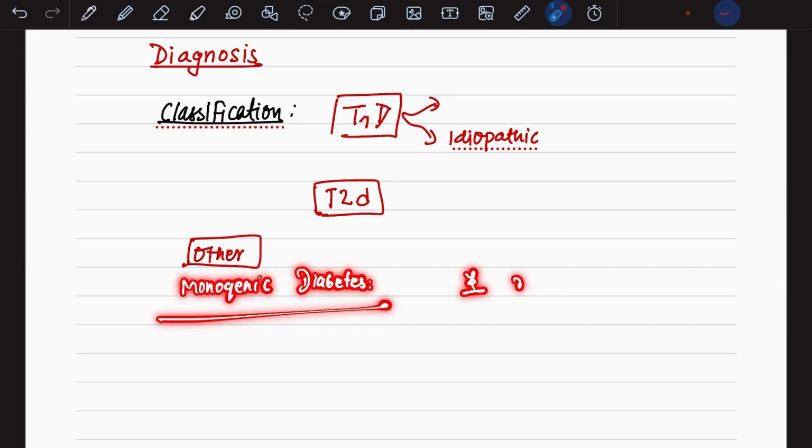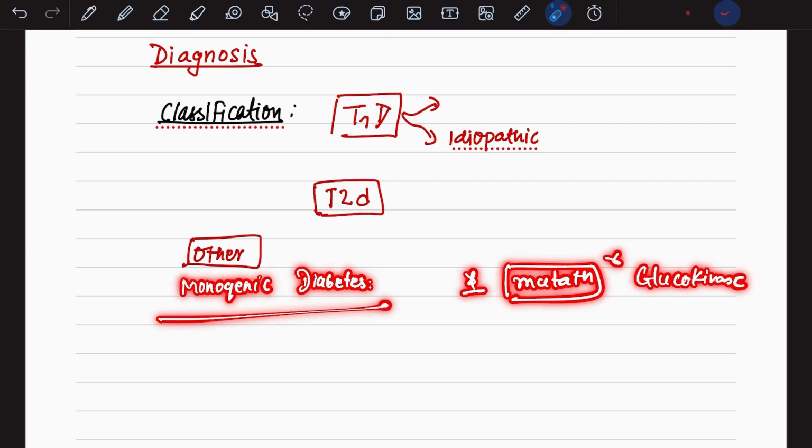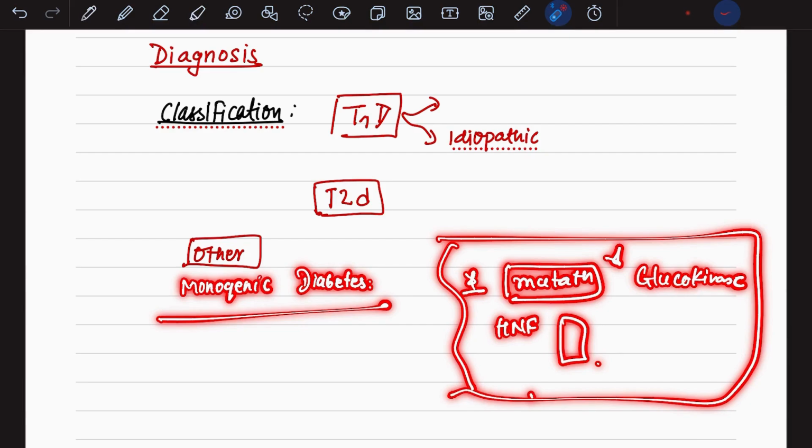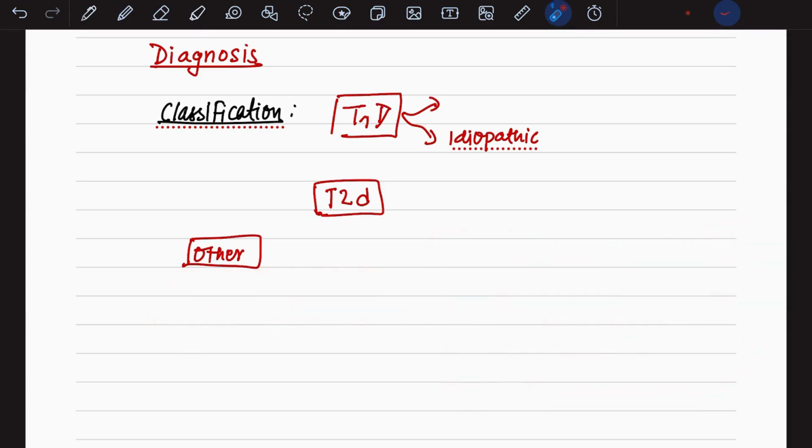it's a mutation in glucokinase or hepatocyte nuclear factors. Various types of it are there. Then the person will have diabetes because of the impaired use of glucose, like glucokinase, which we all know is used in the glycolysis pathway. If glucokinase is not working properly or is mutated, then you will have the diabetic features, and the glucokinase mutation is called MODY2.